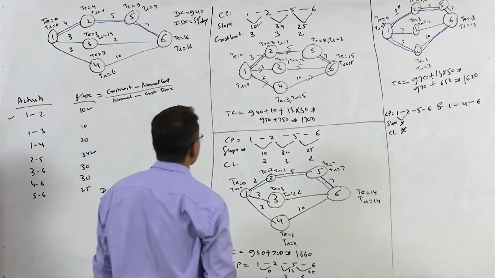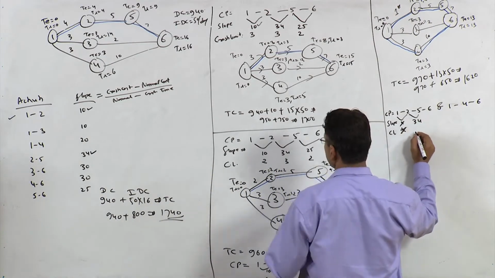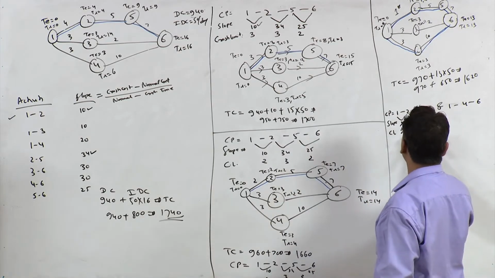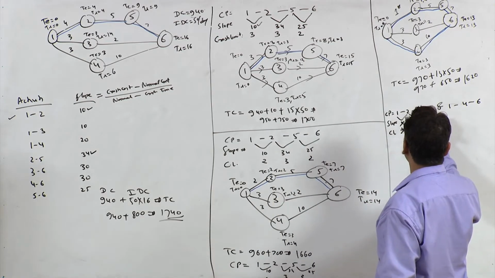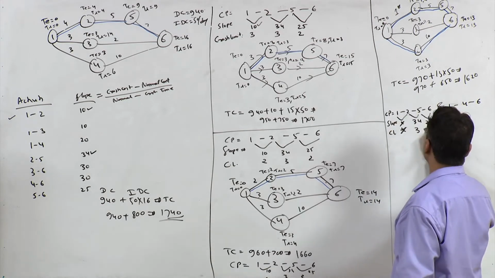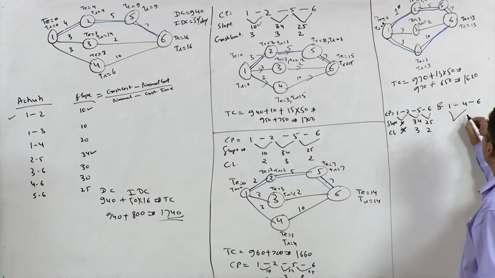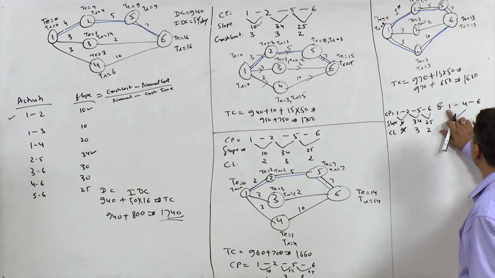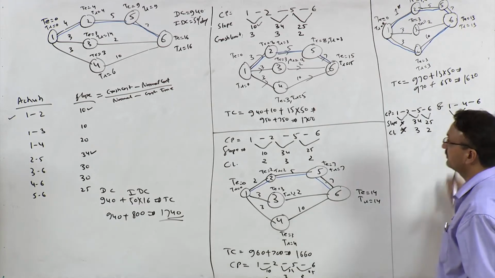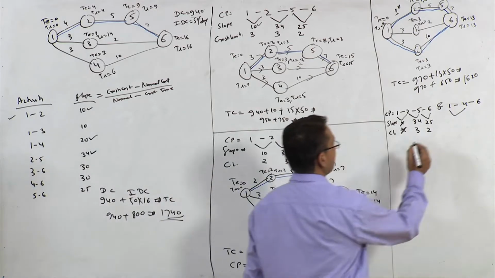For 2, 5, what is the slope? It is 34. Crash limit is 3, right? For 5, 6, what is the value of slope? 25. Crash limit is 2, right? Now for activity 1.4, what is the value of slope? This is 20, right?